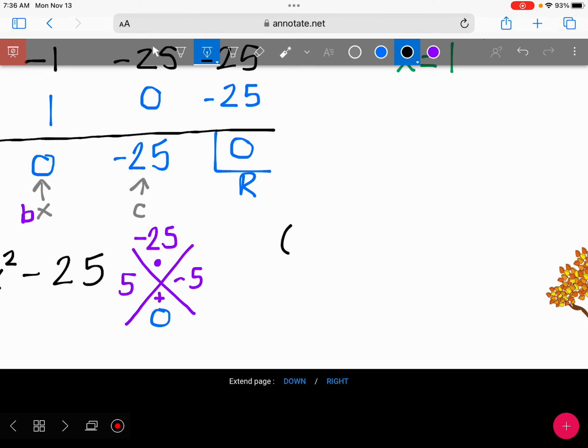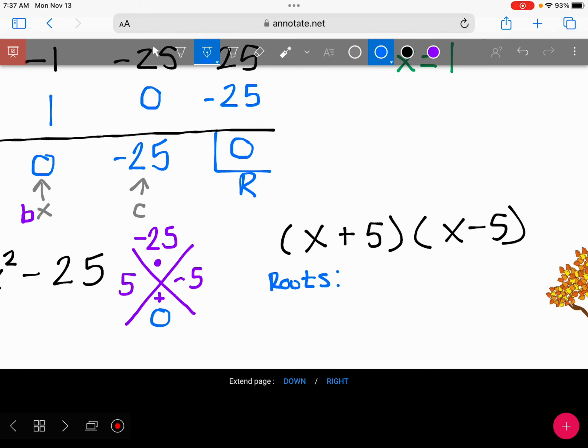And we're going to wind up with x plus, oh, tiny, tiny x. Let's try that again. X plus 5 and x minus 5. So what are my roots? X equals negative 5 and x equals positive 5.